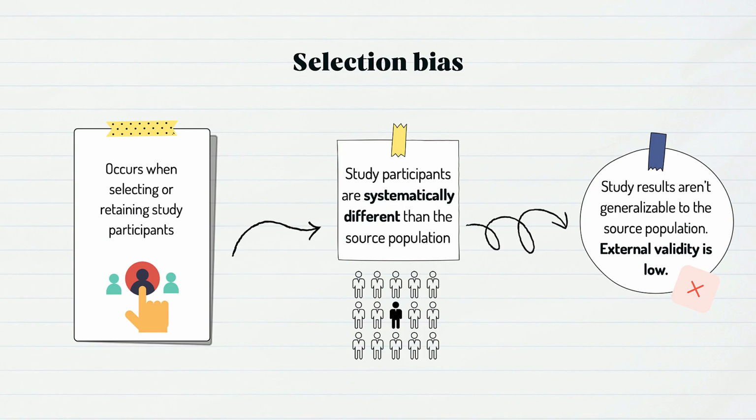Maybe they engage in healthier behaviors. And so you conduct your study in a population of healthier people, of more health conscious people, and the study results are then not generalizable back to that larger source population, which is composed of people who are health conscious and not. This results in low external validity, meaning that the study results are not true for the source population.